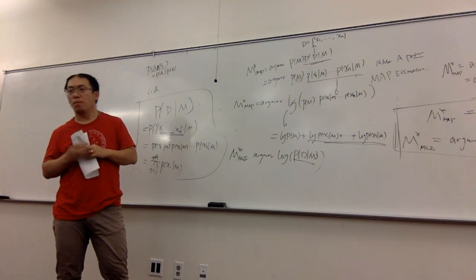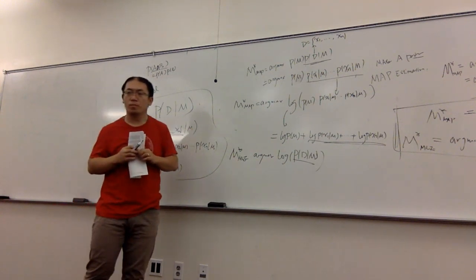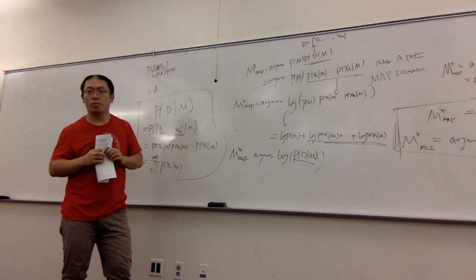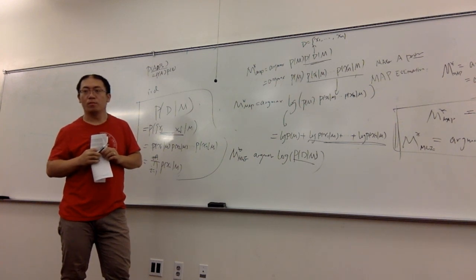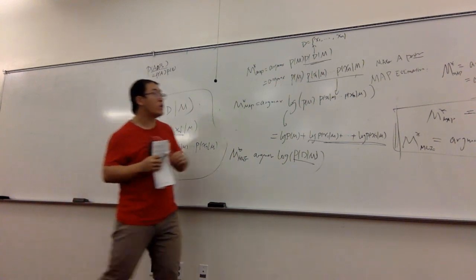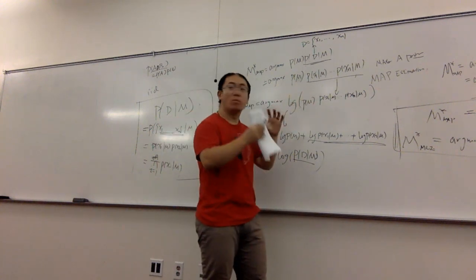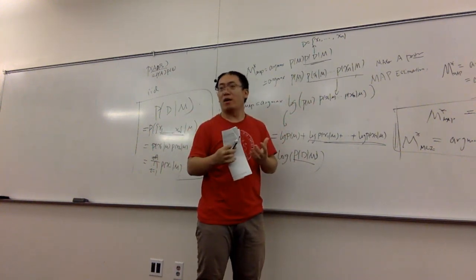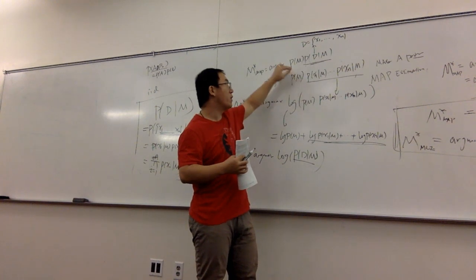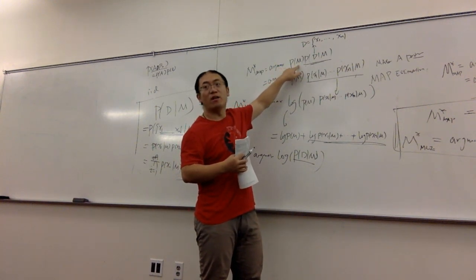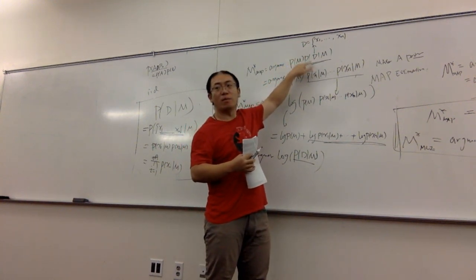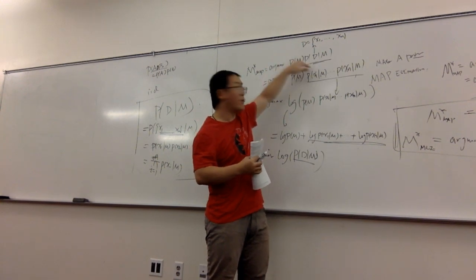In MAP, can we just take the logarithm on the likelihood and not on the prior? If you take the logarithm, you should take it over the entire objective function. So what is the entire objective function? It is a multiplication between the prior and the likelihood, right?